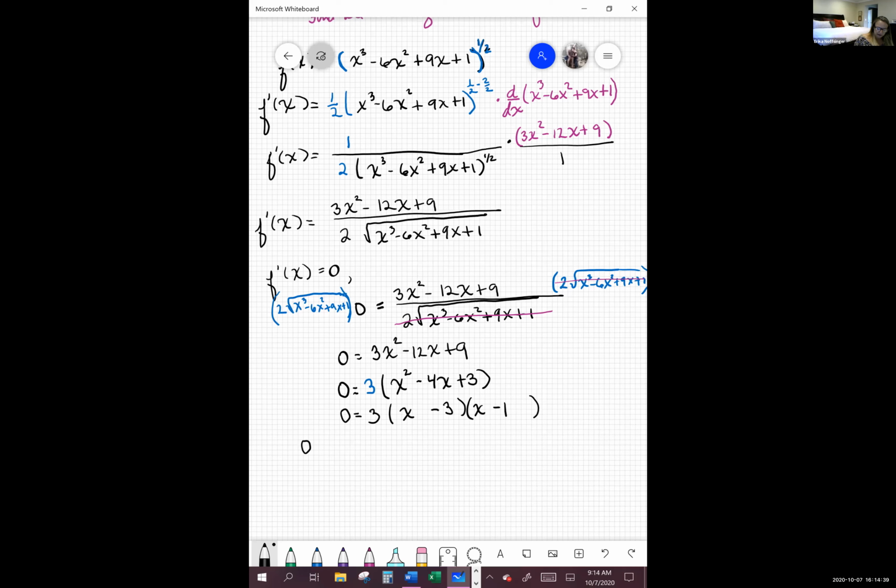Well, 0 can never equal 3, so there's no value to solve for x there. We're looking at when is x minus 3 equal to 0. Add 3 to both sides, you get x equals 3. And when is x minus 1 equal to 0? Add 1 to both sides, you get x equals 1.